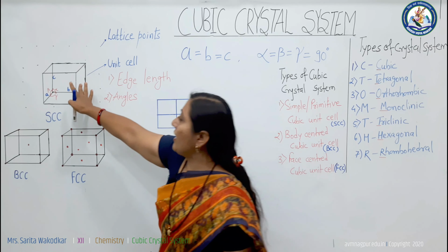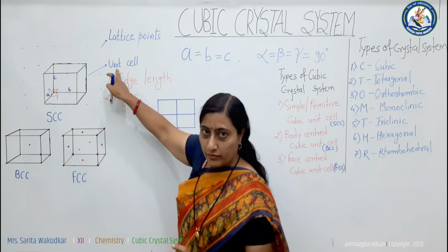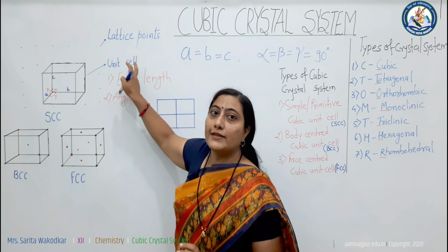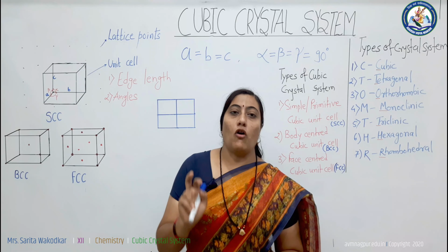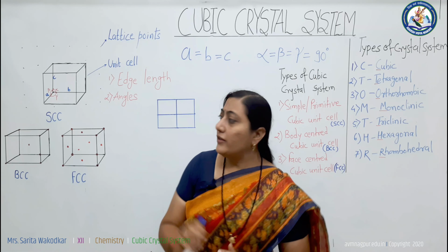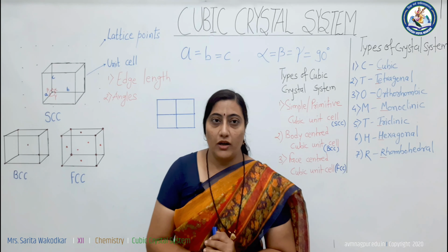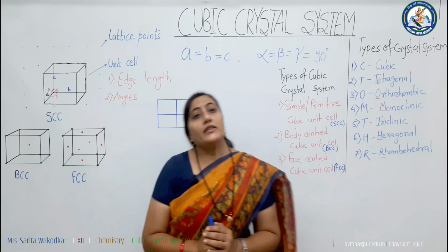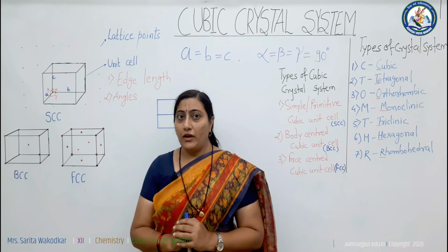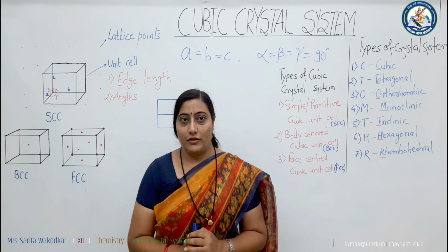Here a single structure is obtained, which is known as a cube or unit cell. This structure is known as a cube or unit cell. This is a three-dimensional arrangement of constituent particles. Constituent particles may be atoms, ions or molecules.